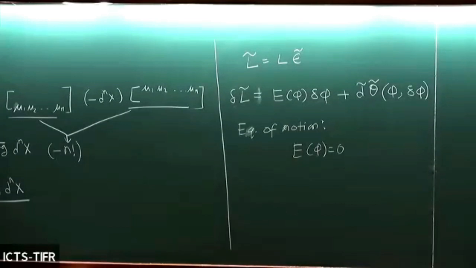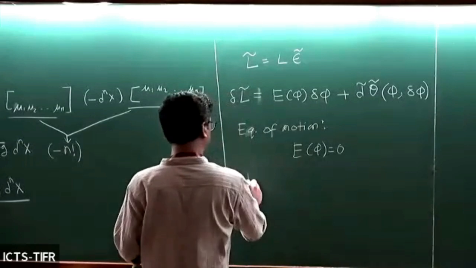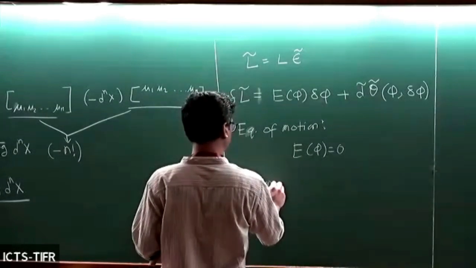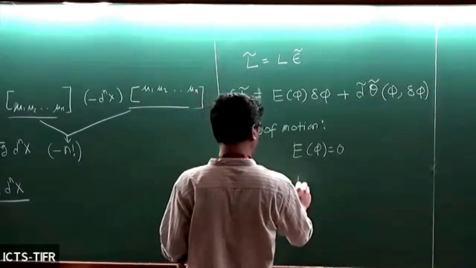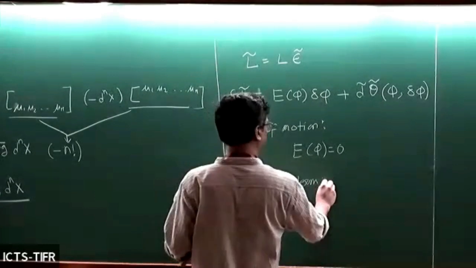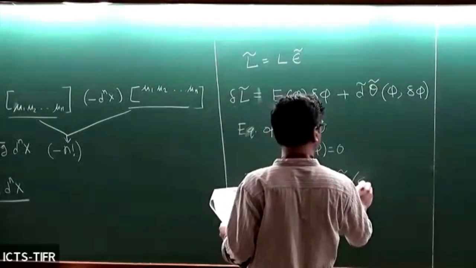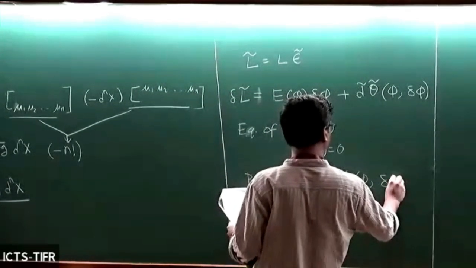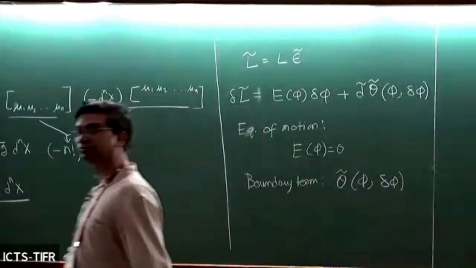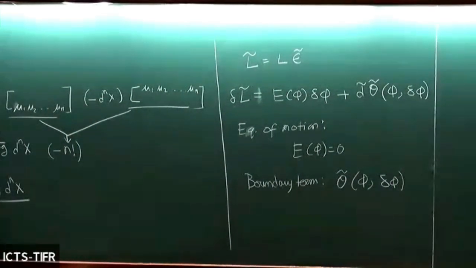Now, the boundary total derivative term is this theta bar, which depends on phi and delta phi. Okay. Clear? Now, from the space-time point of view, everything is a scalar, right? I'm just starting with a scalar, I'm varying it, all the space-time indices will be contracted out.